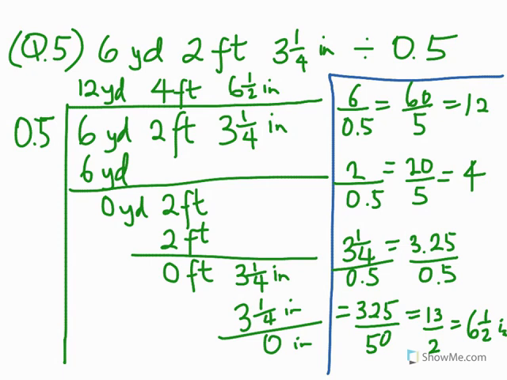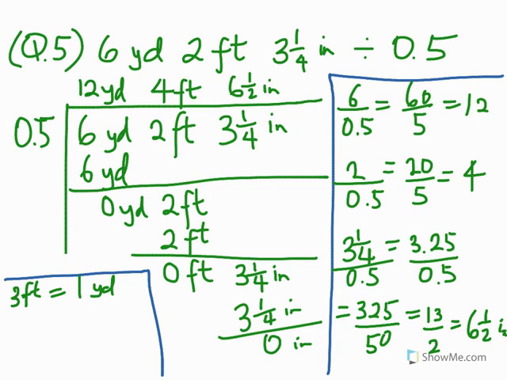Okay, so our final answer, and I'm going to write it here. Our final answer will be what? Of course, we have that 3 feet is 1 yard, and we have 4 feet, so we can get 1 yard from the 4 feet.